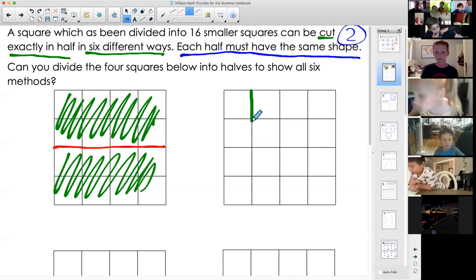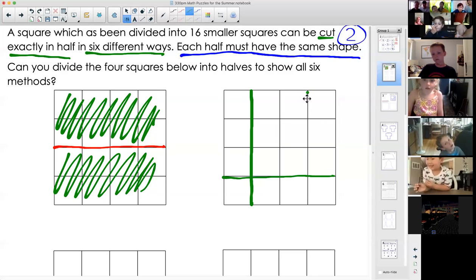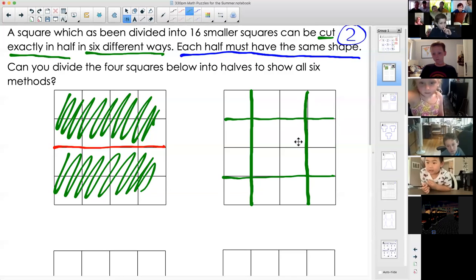Tell me when to stop. Keep going to the bottom. And if you do that on every one, on all of those middle lines, you get 4 different pieces, and they all have the same amount of squares in them. Wait a minute. Now, who just came up with that idea? Is that Gabby? Oh my gosh.